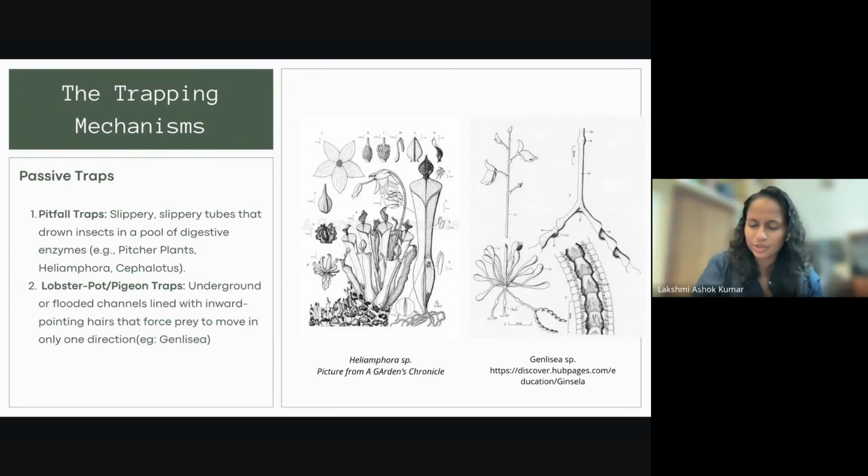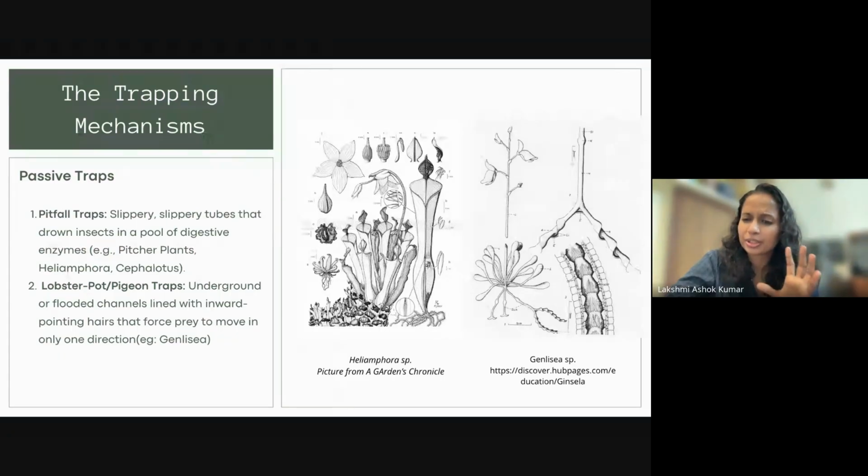Anyways, it is like a tube structure. I have seen them walk inside by themselves. It is not actually slipping inside and falling, but they keep exploring the peristome because it produces a nectar. Nepenthes produces a nectar which attracts them.